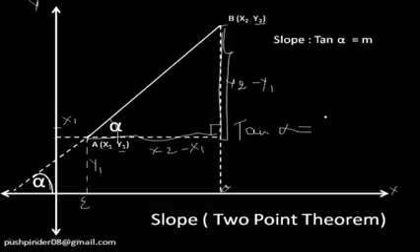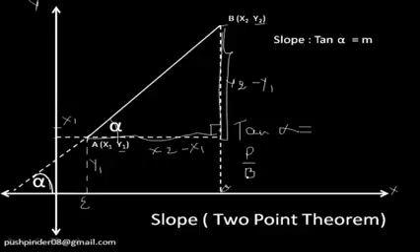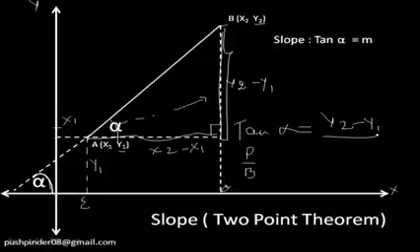Tangent is equal to perpendicular upon base. The perpendicular of this angle is equal to y2 minus y1, and the base of this angle is x2 minus x1. So from this, we have easily derived the slope of the line, which is always denoted by m. So the slope of the line has been derived.